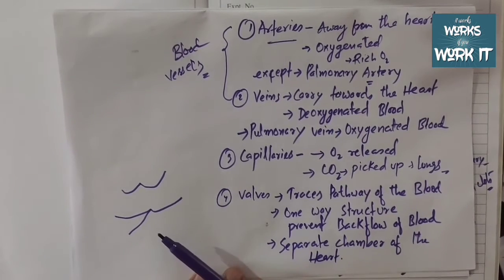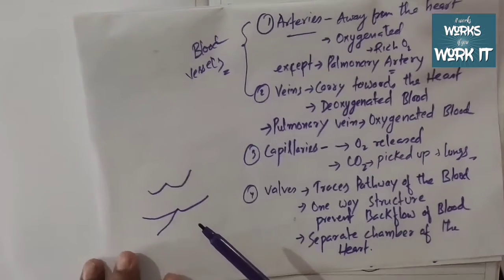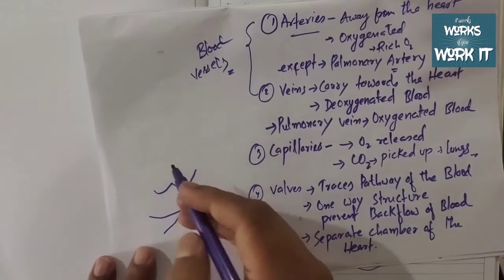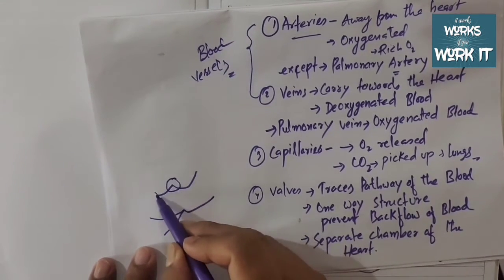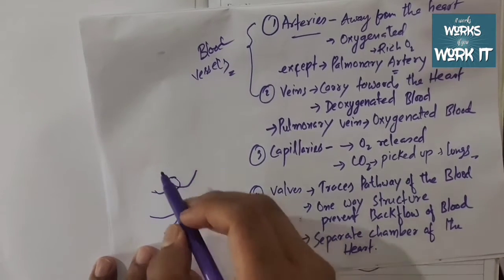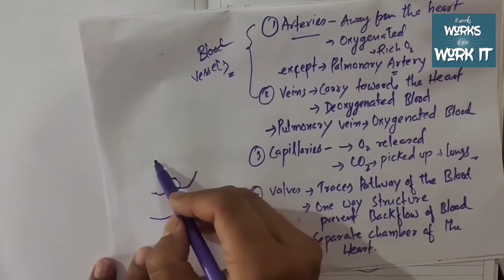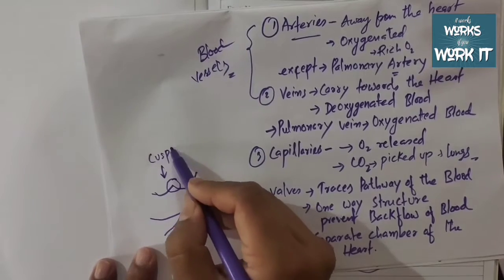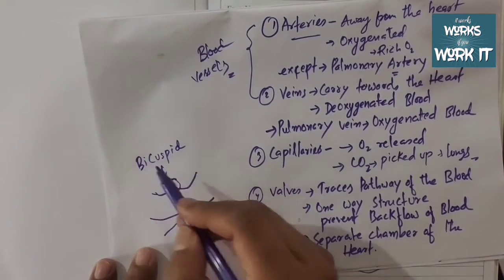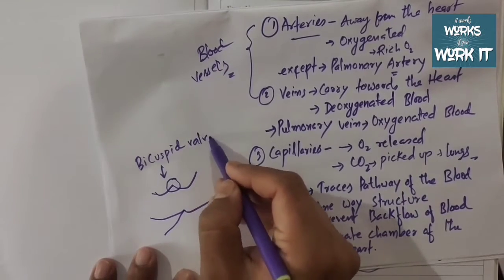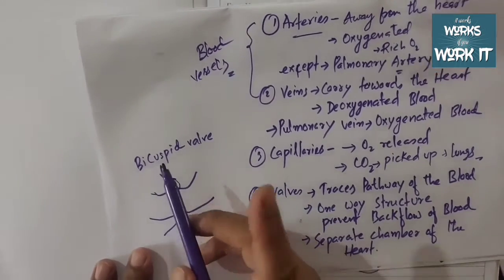They have the single projection, just like the teeth. Okay, so if you see here, this projection has been made by 2 layers or 2 walls. This type of projection is called the cuspid. Since it has 2 layers, it becomes the bicuspid valve. Okay, bi means 2.